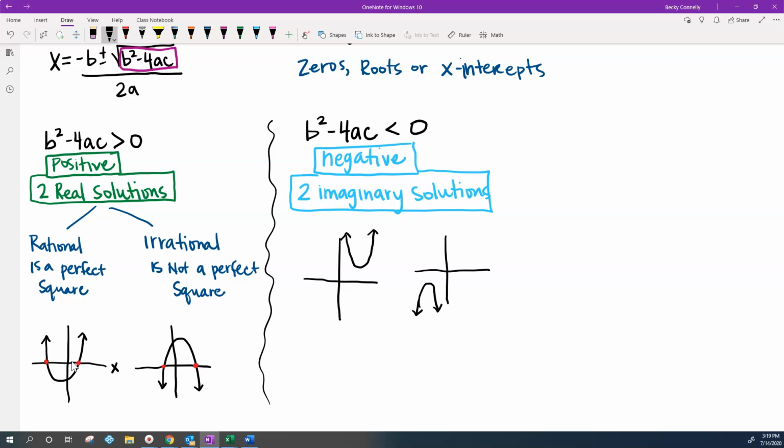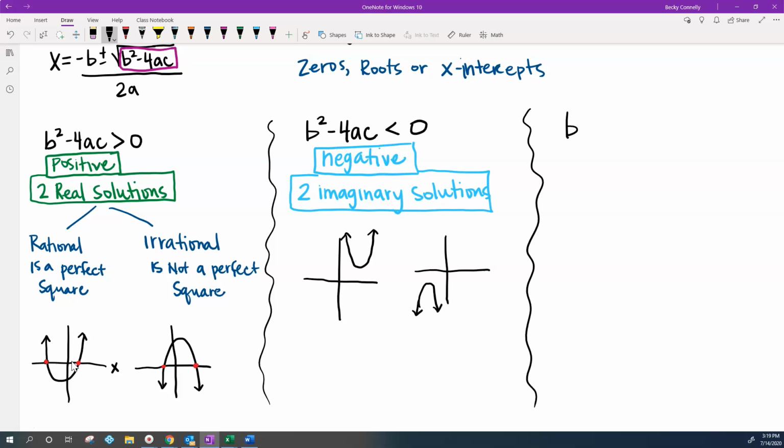So by floating, I mean they don't have any roots. They're not crossing that x-axis anywhere. So if we were to graph it, that's kind of what's happening with this.